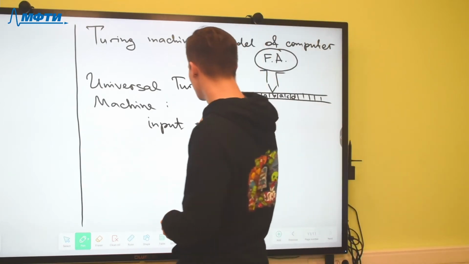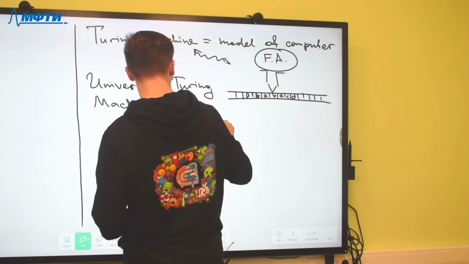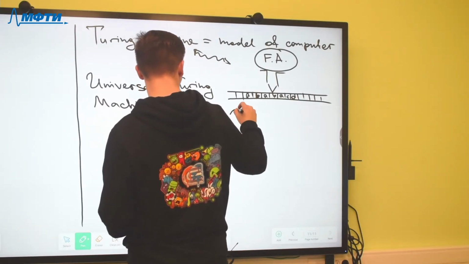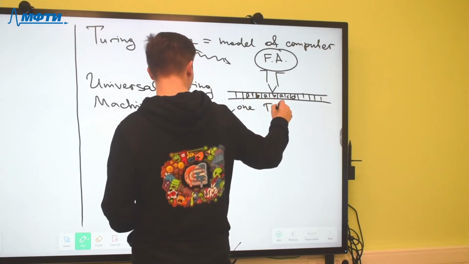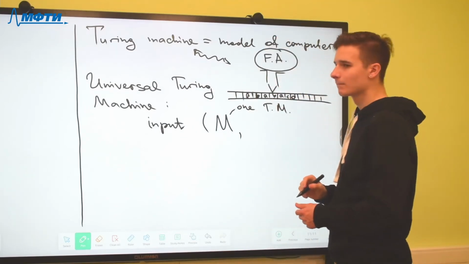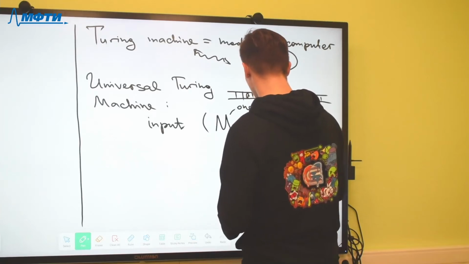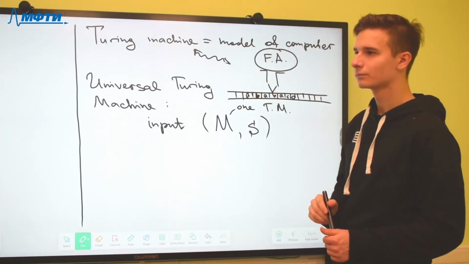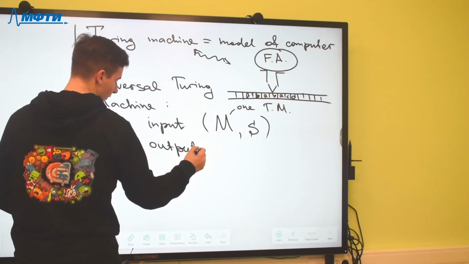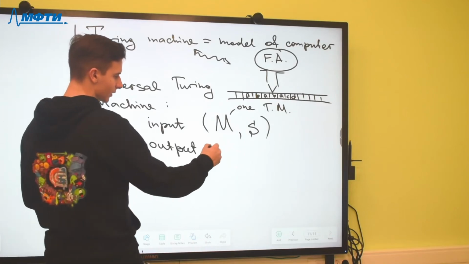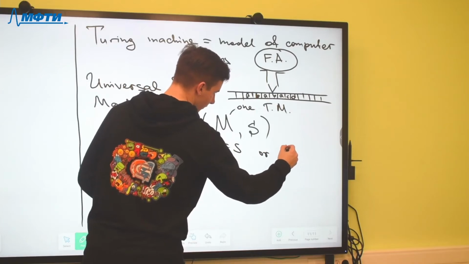As the input of it, we have M, one Turing machine, and a word S. And the output is yes or no.